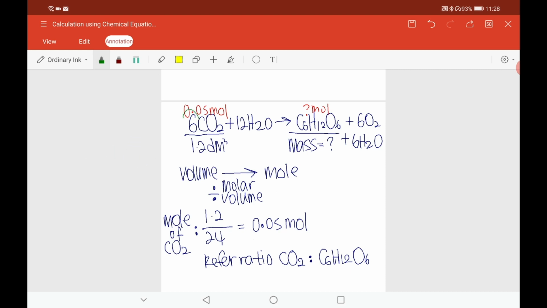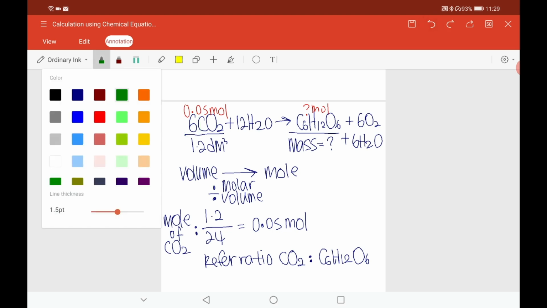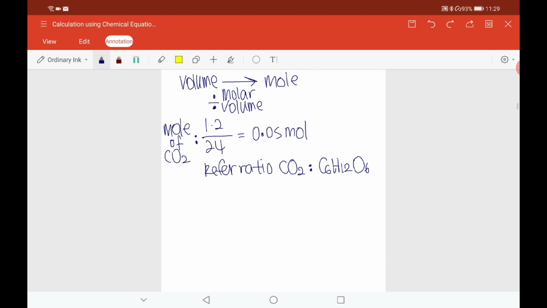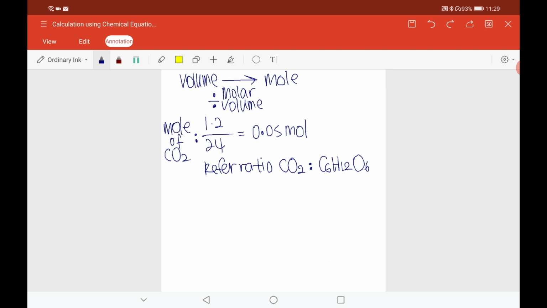Carbon dioxide is 6, and glucose has no number in front, which means 1. So we have 6 and 1. I write it like this: CO2 ratio to C6H12O6 is 6 and 1. So this is the ratio.